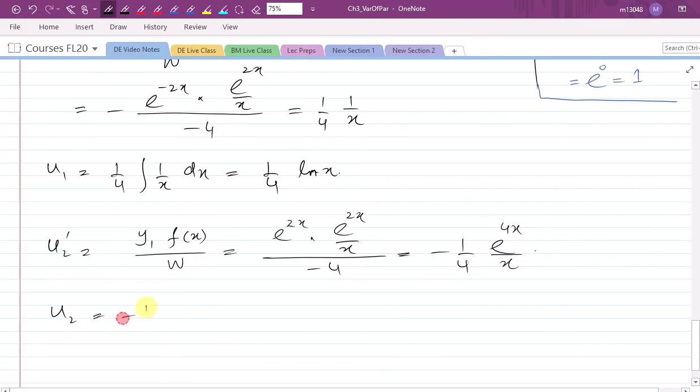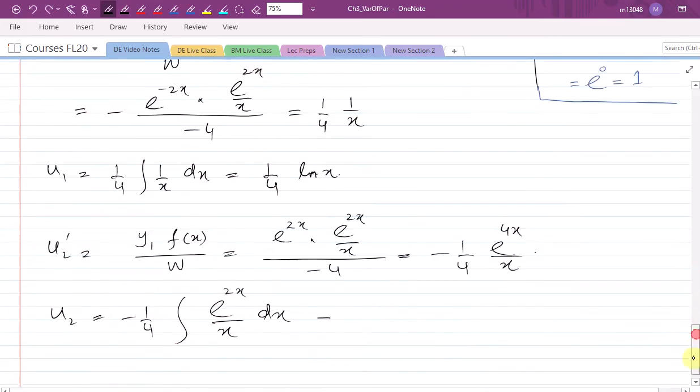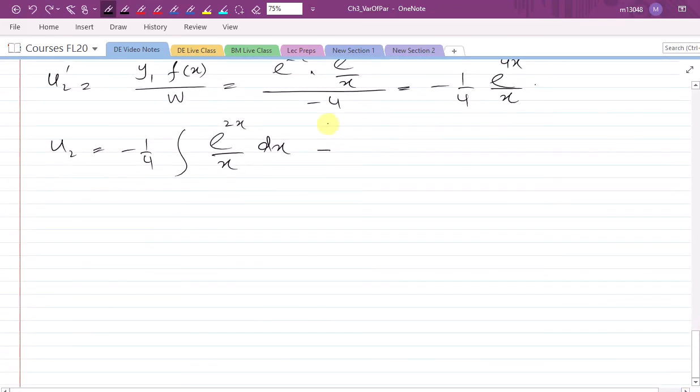And u2 is an interesting integral, which is e raised power 4x over x dx. What is this integral? Anybody knows? Any formula that can work for this integral? I'm leaving this for you to solve because this is a very, very interesting integral. But also, interestingly again, we cannot solve this with the knowledge we have in this course.